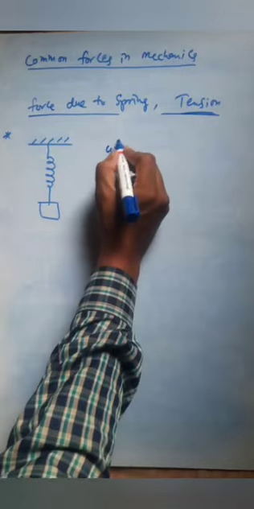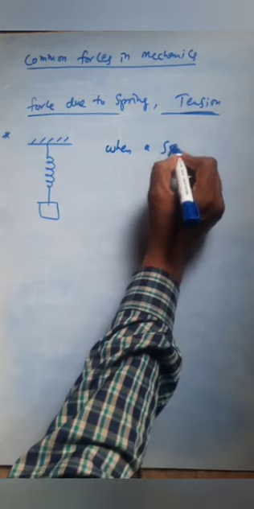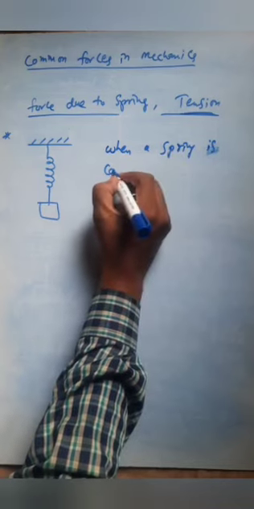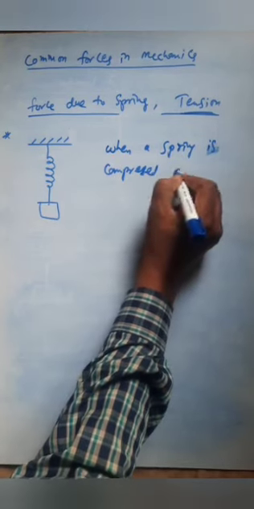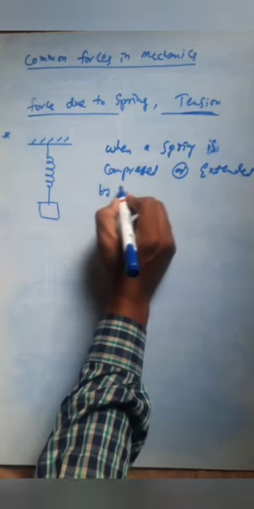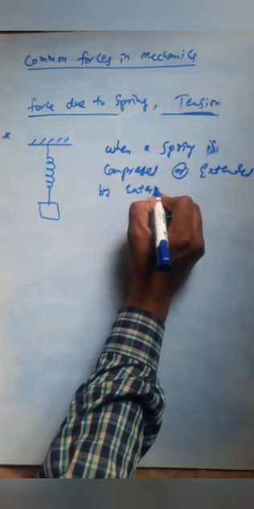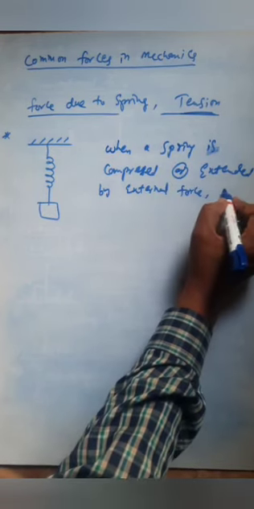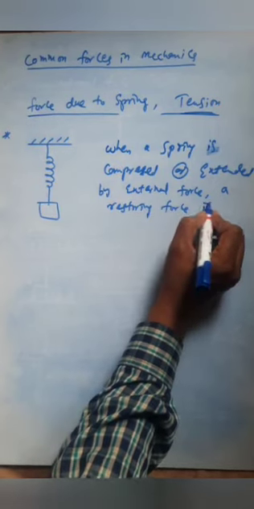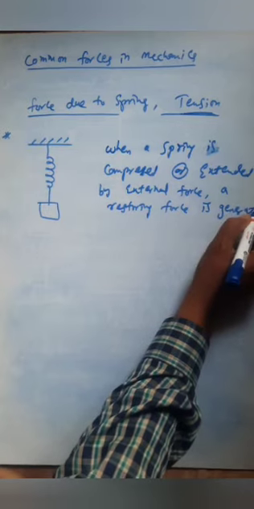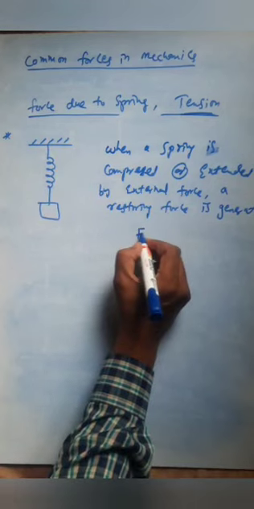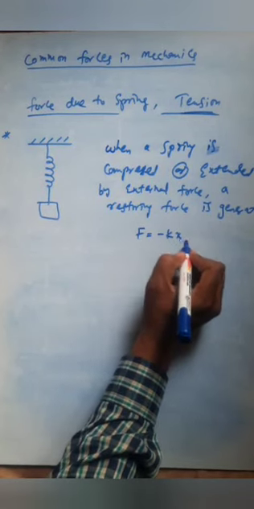When a spring is compressed or extended by an external force, a restoring force is generated. This restoring force is known as the force due to spring, and it is written as F equals minus Kx.